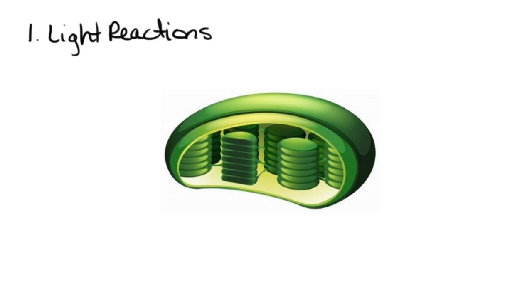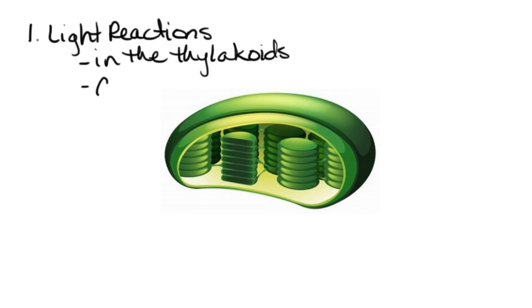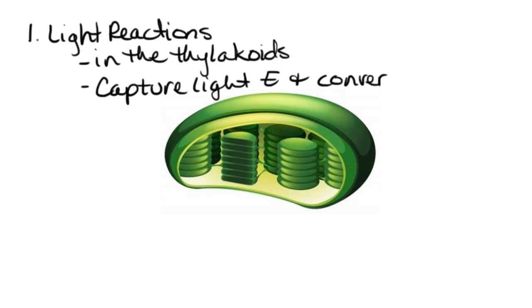These are often called the light-dependent reactions because they rely on light energy. They occur in the thylakoids, inside those little green discs. There are lots of discs, so lots of light reactions taking place. The light reactions capture light energy and convert it into chemical energy.